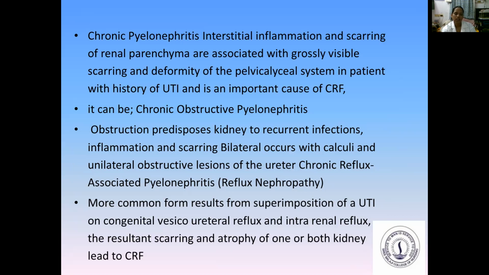Chronic reflux-associated pyelonephritis is known as reflux nephropathy. The more common form results from superimposition of a urinary tract infection on congenital vesicoureteral reflux and intrarenal reflux. The resultant scarring and atrophy of one or both kidneys leads to chronic renal failure.